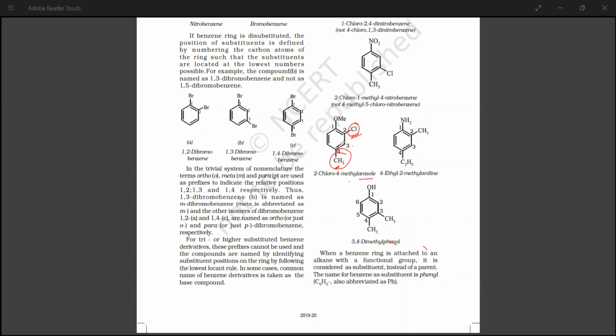What rest is anisole. 1, 2, 3, 4. Ethyl comes first. So 4-ethyl and then 2-methyl. What rest is aniline. See here on third and fourth, 2 methyl groups are there. So 3,4-dimethyl. What else is there? Phenol. So 3,4-dimethylphenol.